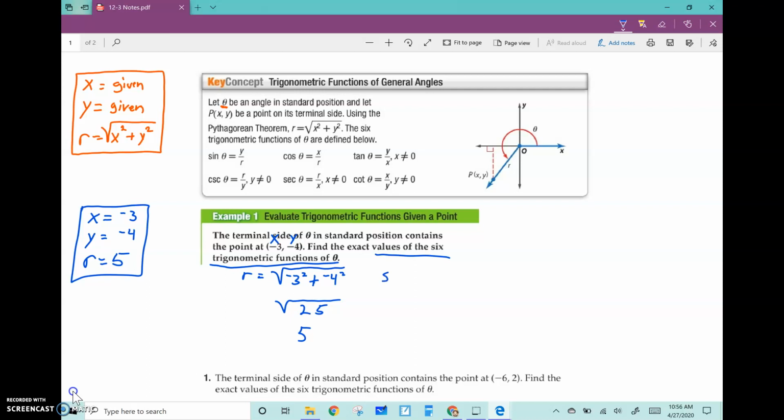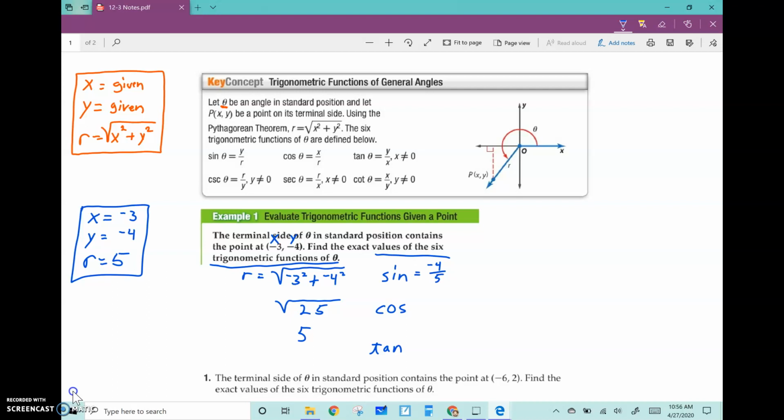We've got sine, we've got cosine, and we've got tangent. Let's see here, sine is going to be y over r. So y is -4, r is 5. So sine is going to be -4 over 5. Cosine is going to be x over r.